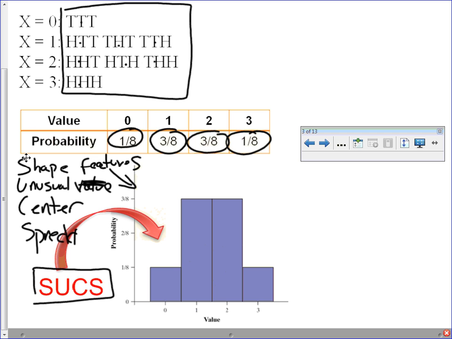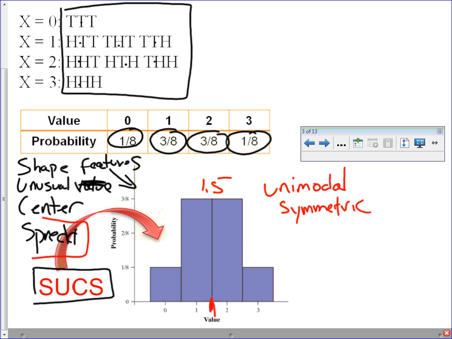And so we would say the center of this graph is 1.5. Isn't that the center? So the shape is unimodal and symmetric. Now we do not know how to find the standard deviation, which would be our measure of spread, but we will learn that today.